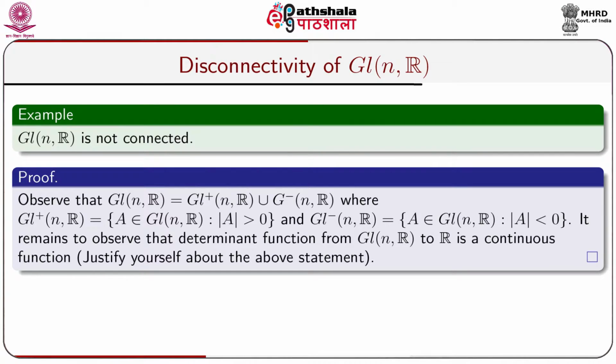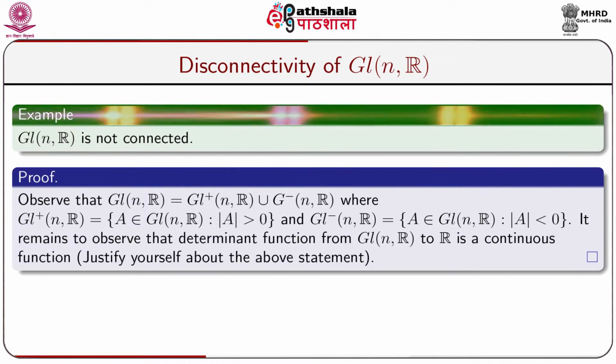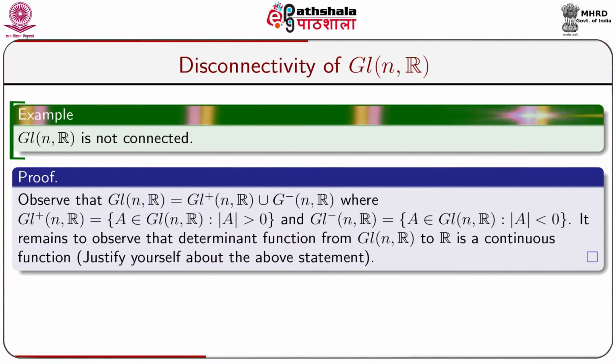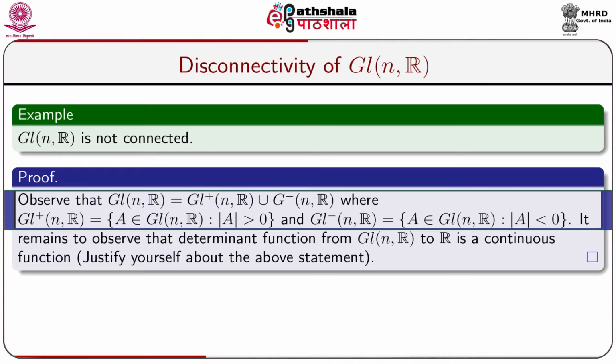Next, we shall prove that first GL(n, R) is disconnected. In fact, if we take the set of all matrices A in GL(n, R) whose determinants are less than 0 and the set of all matrices in GL(n, R) whose determinants are positive, then we get two different components of GL(n, R).